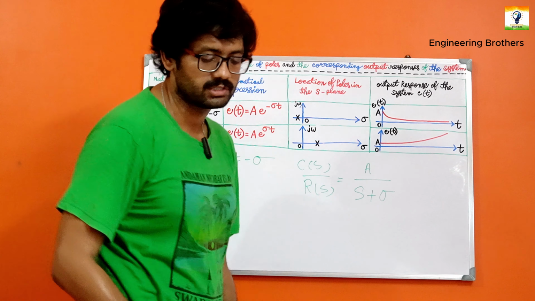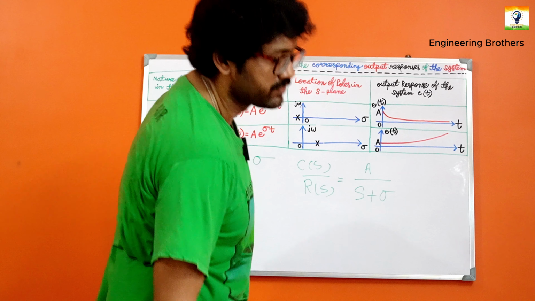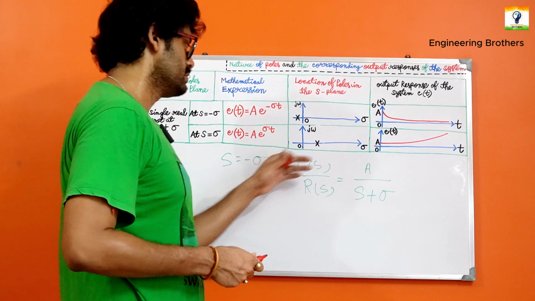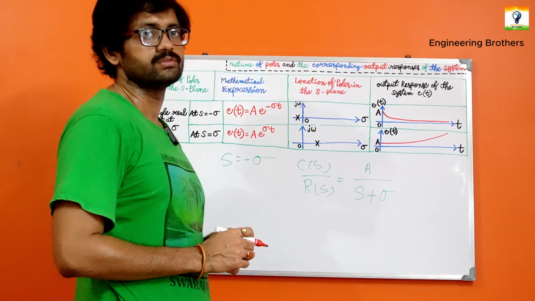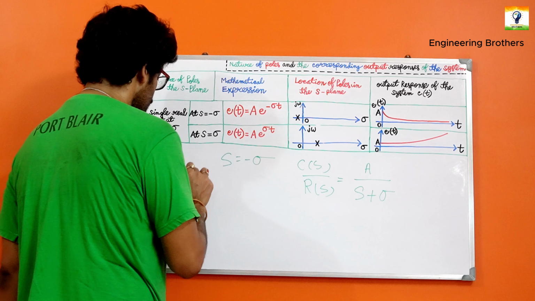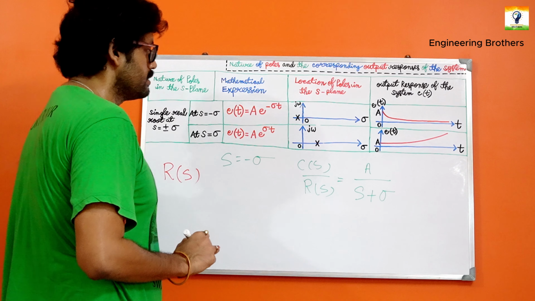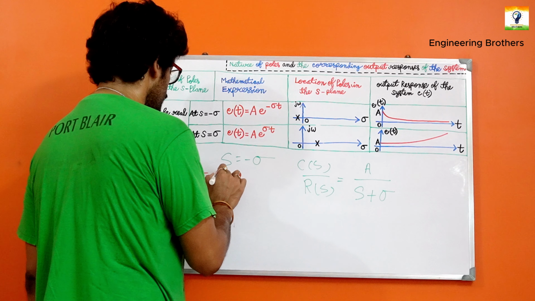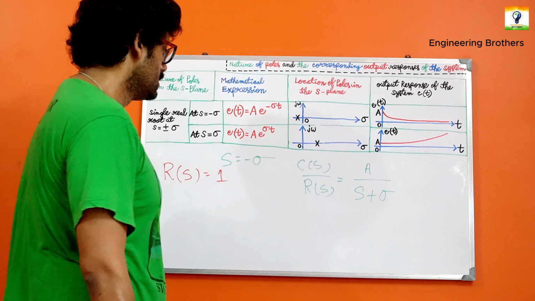Now if we apply the inverse consideration, but before I go into that inverse Laplace consideration, we should apply the impulse response. That implies that R(s) should be the value 1.